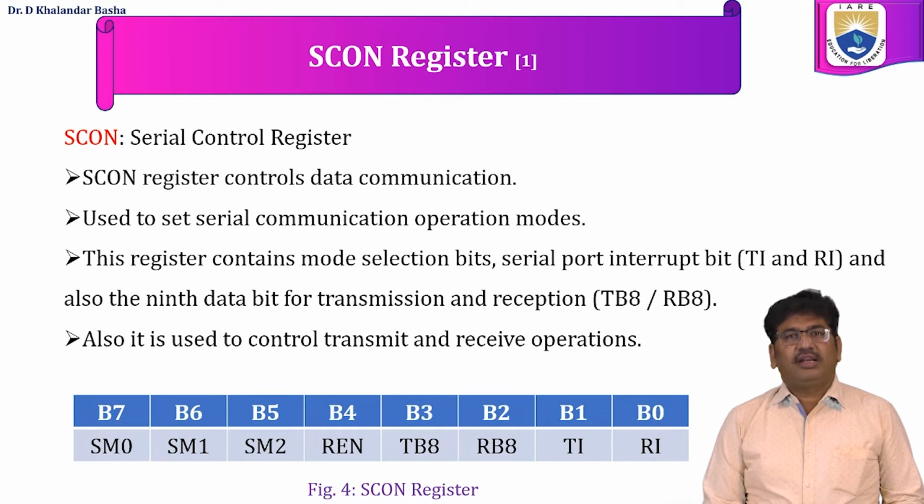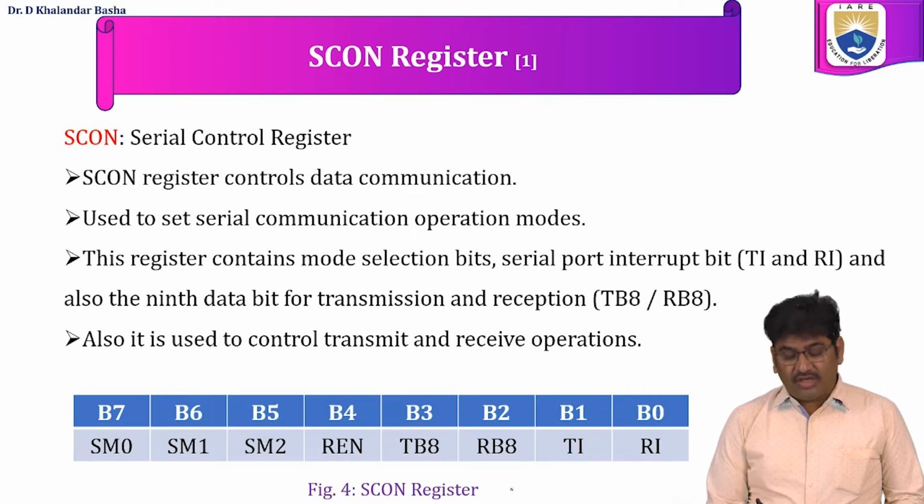This register contains mode select bits, serial port interrupt bits like TI, transmit interrupt, and RI, receive interrupt, and also the ninth data bit of transmission and receiving, that is TB8 and RB8. Also, it is used to control the transmission and receive operations.